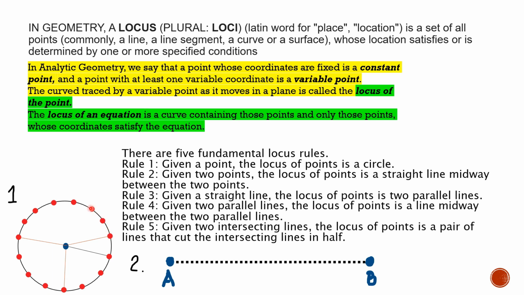The graph of the locus will be something like a circle, because anywhere it will be 5 meters from the center. That is the condition that is satisfied.